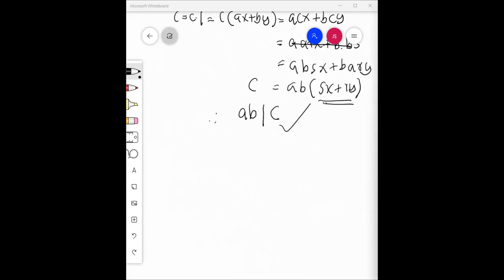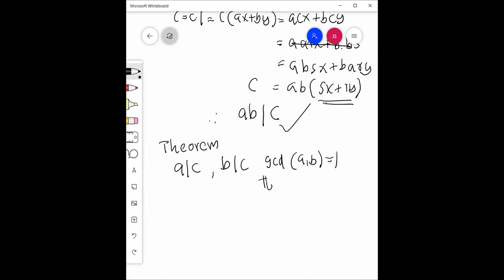Again, this is another similar one, but it is a little bit different from the earlier one. GCD of A and B equals 1, then AB divides C. No, so the other way. Sorry, it's similar to the earlier one. A divides BC.